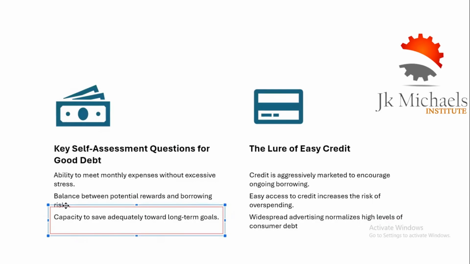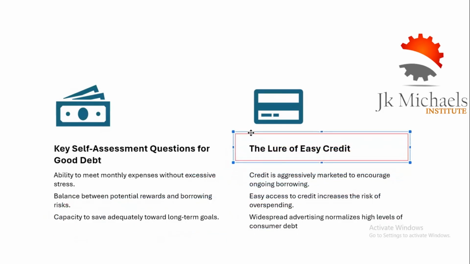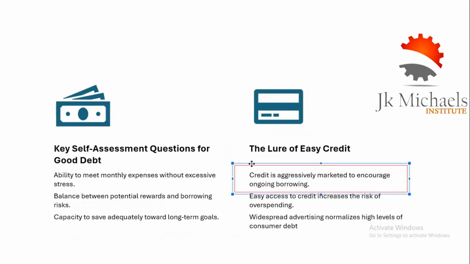Now, the lure of easy credit. If you accumulate the right credit score, then you'd generally have easy credit, right? Credit is aggressively marketed to encourage people to borrow. Don't forget that every time you borrow, the person lending you earns interest.